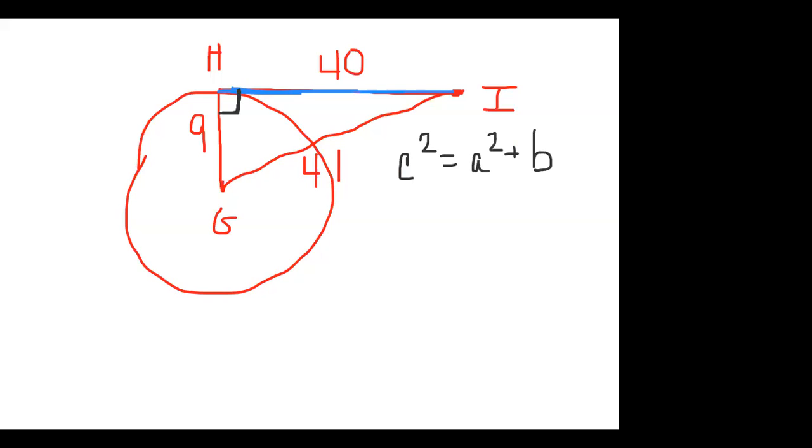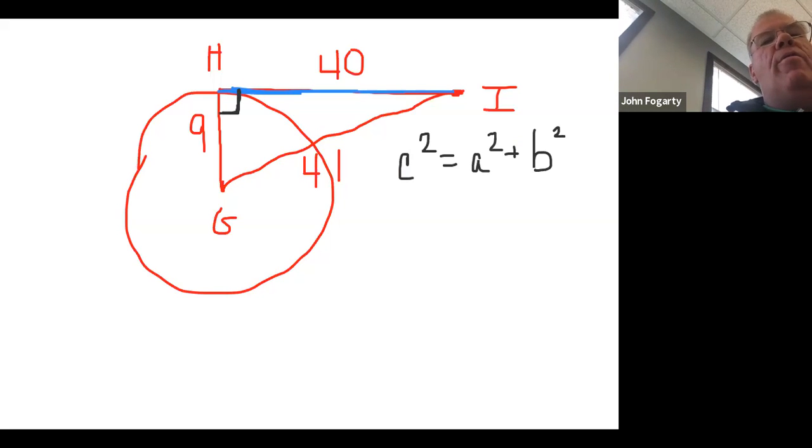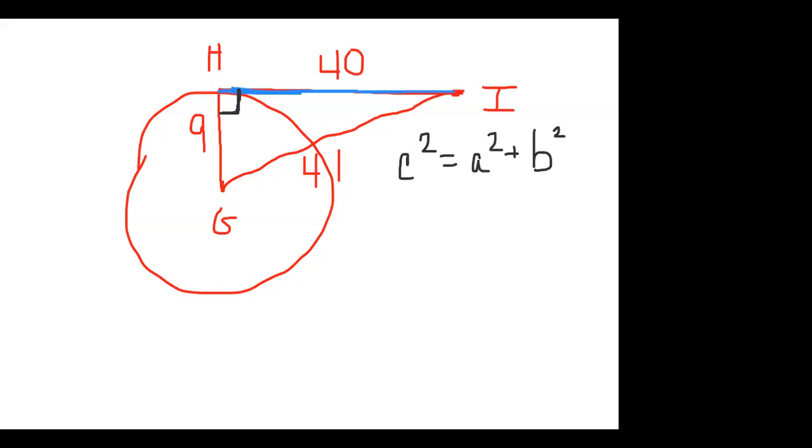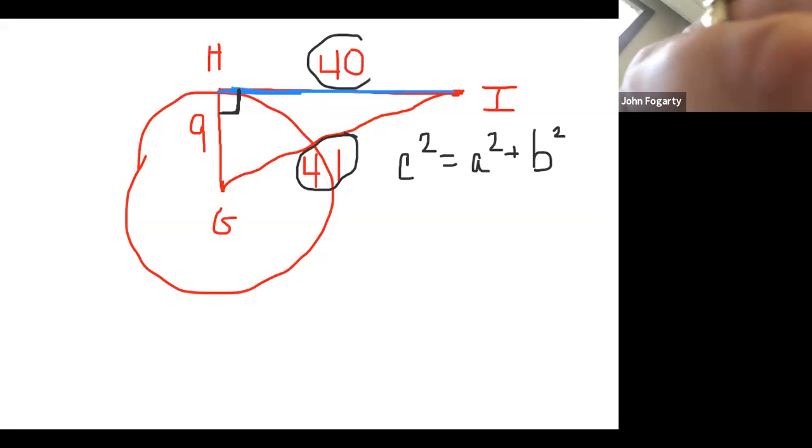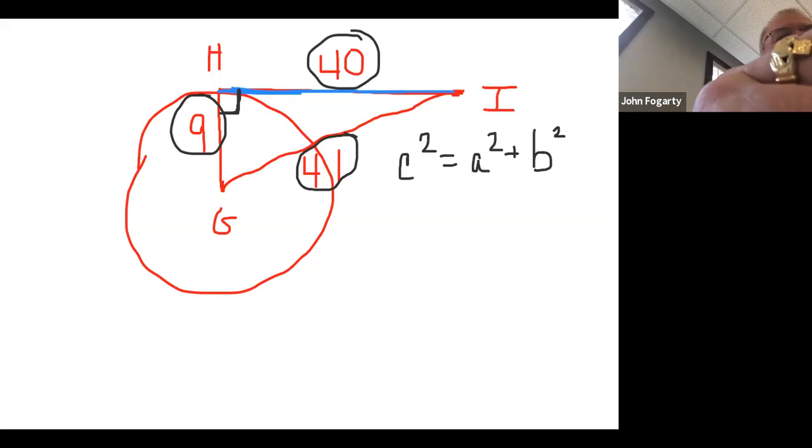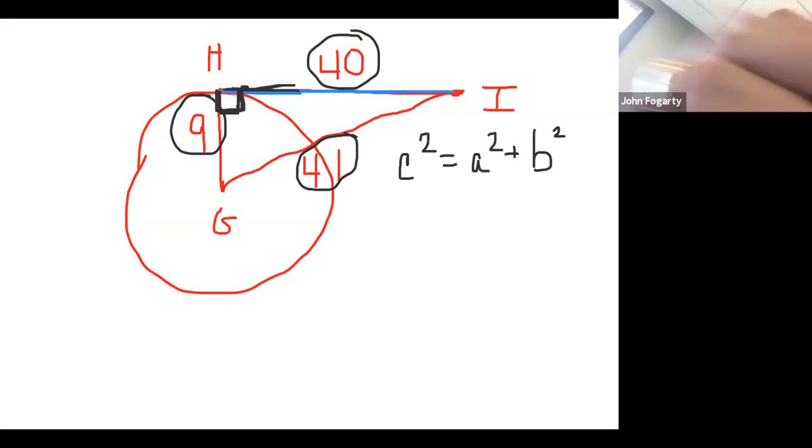No, you would just have to see if you have a right triangle. Never mind. Because I give you all three sides. If this is tangent, it's going to be perpendicular. So I just got to see if I have a right triangle.